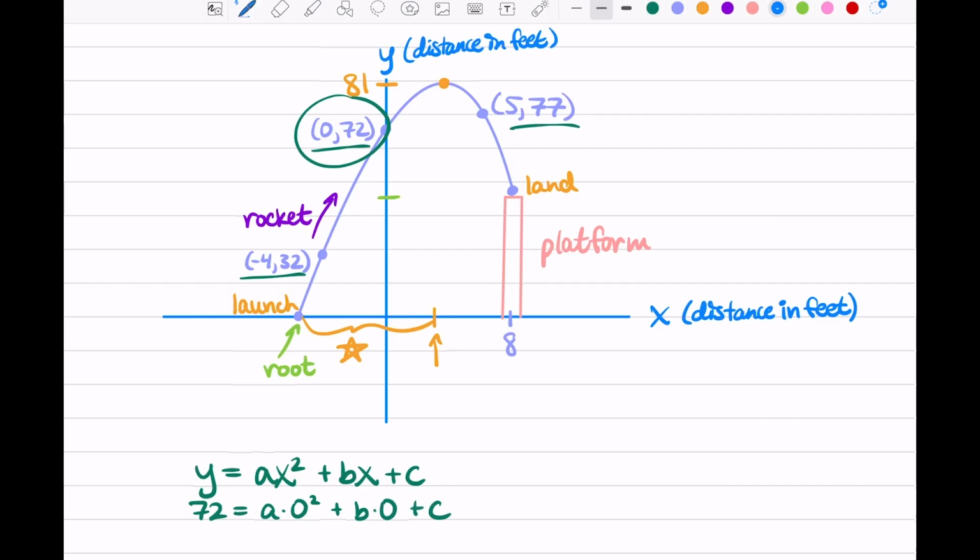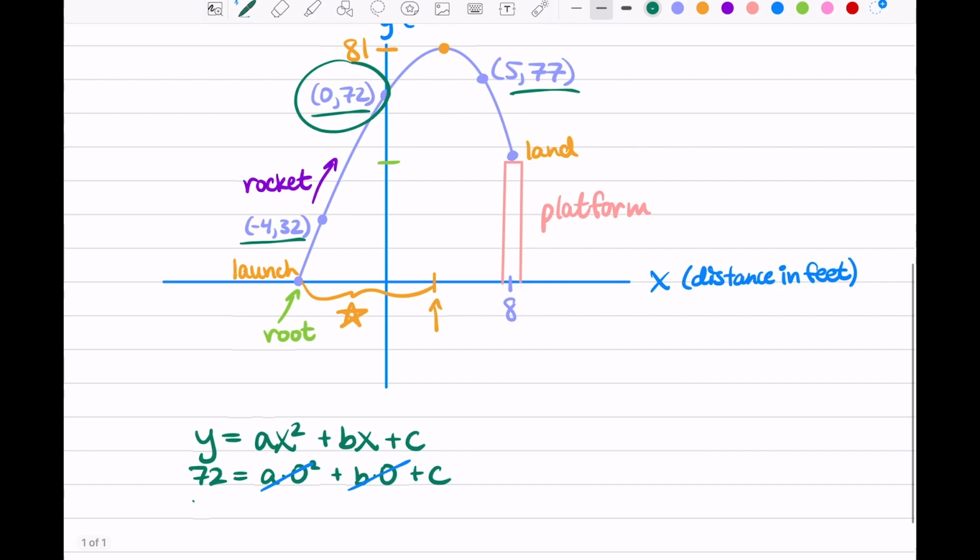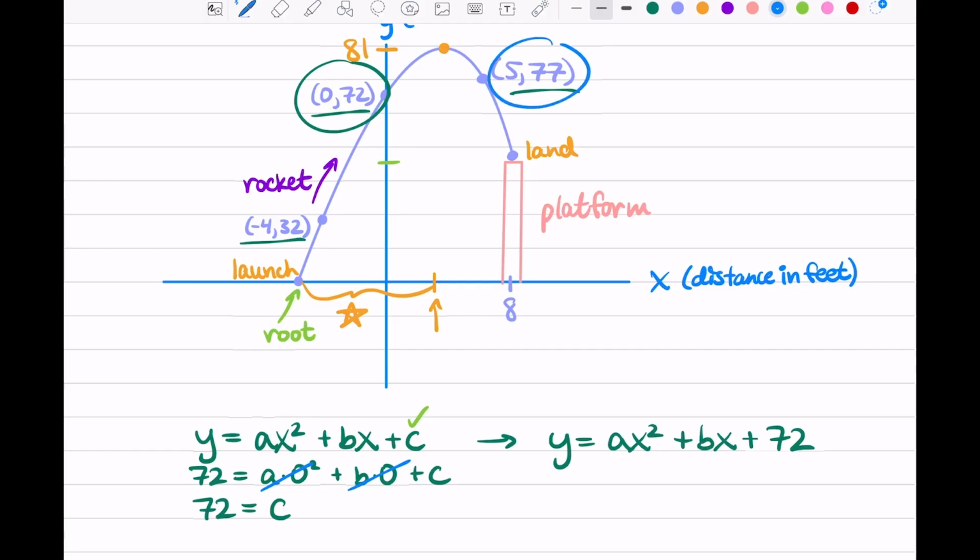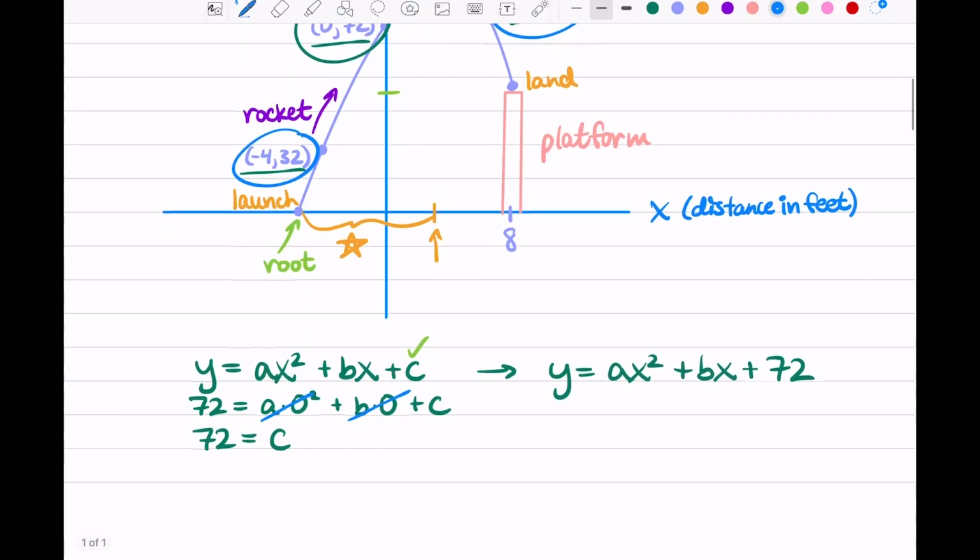Anything multiplied by 0 becomes 0, so this part disappears, and so does this part. So we're left with c equals 72. So we just found one of our letters. And now our equation looks like y equals ax squared plus bx plus 72. We're going to repeat this process with our other 2 points, and that should help us find a and b. Let's take that to the next page.